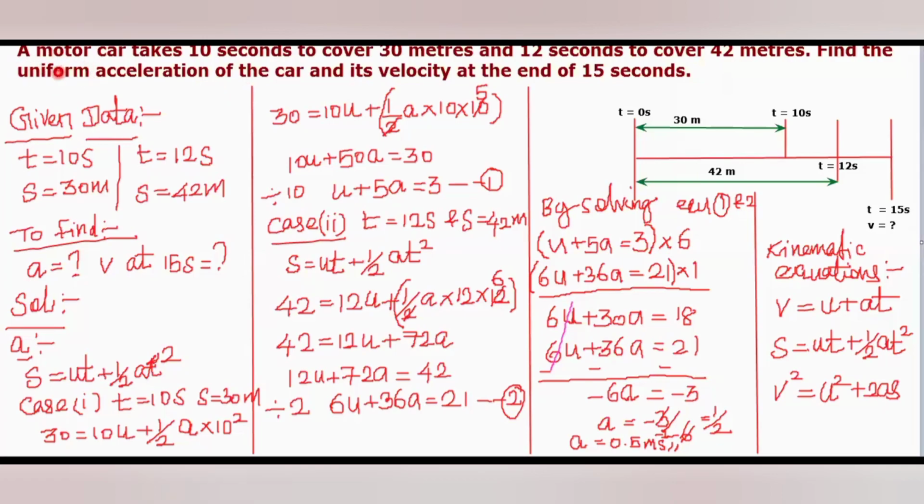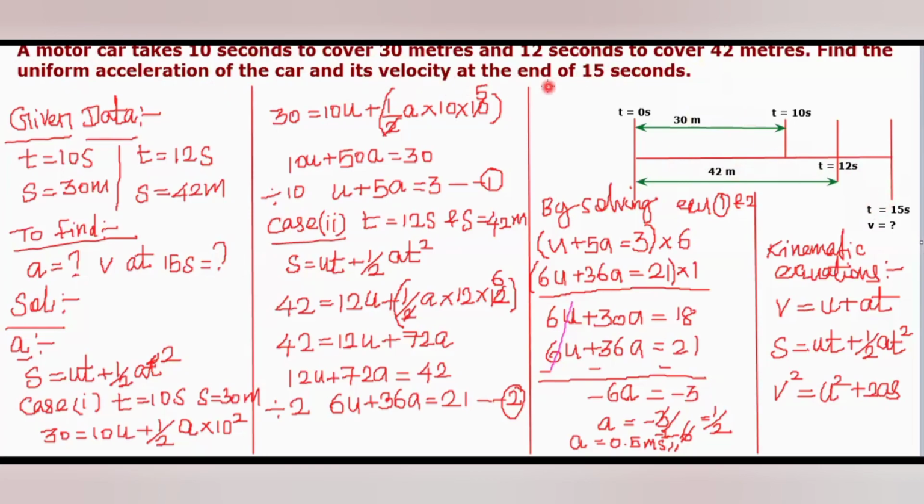Finally, we are going to recall the numerical. In the first 10 seconds, the car covers 30 meters, and in 12 seconds, it covers 42 meters. With these two observations, we have to calculate the acceleration of the car and also the velocity at 15 seconds.